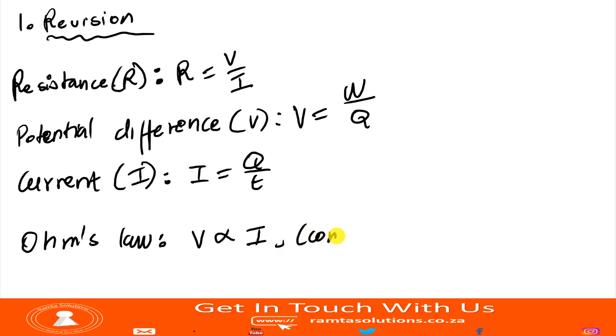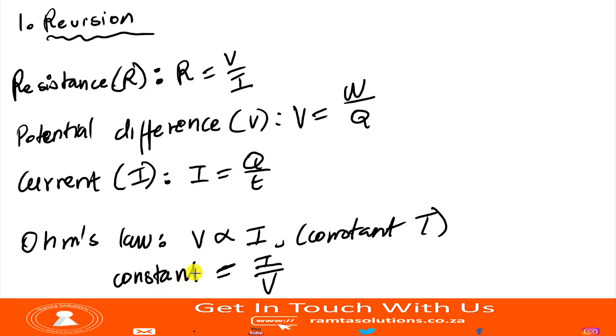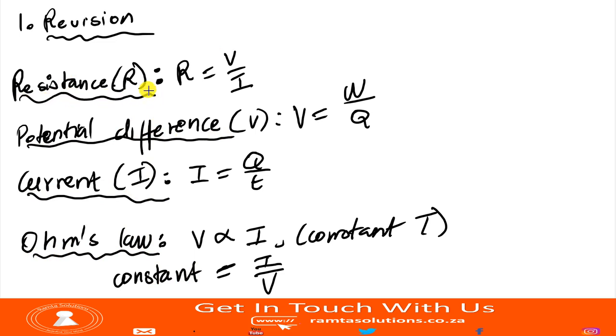So this gives us the impression that a constant is equal to I over V. These are all the things we have said so far.